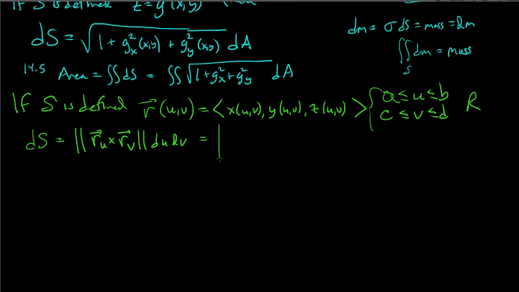Or, if this helps, you can write it in the longhand notation: partial of r with respect to u cross partial of r with respect to v. And don't forget to take the magnitude of that, because this is an area, it's not a vector, so it's a number, a magnitude. It's a function of u and v in general. If you're lucky, it just works out to be a number, but usually not.